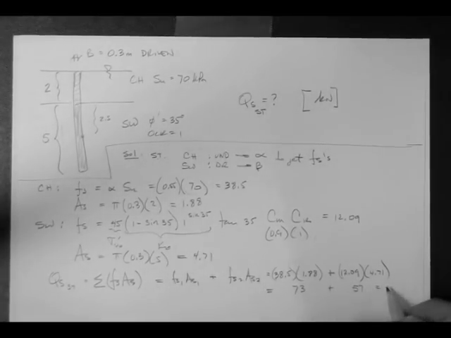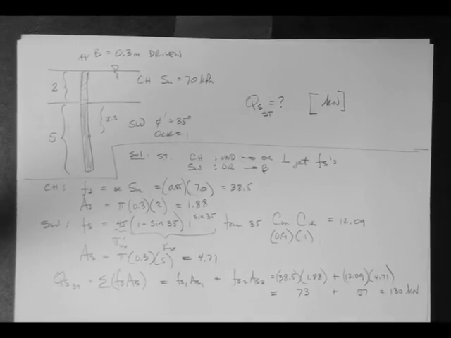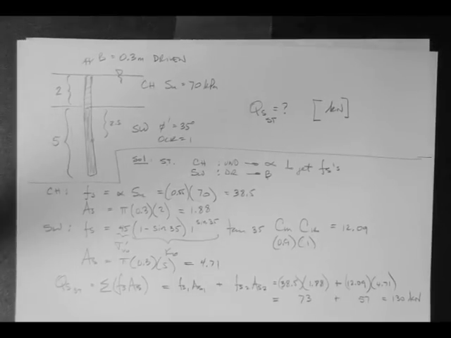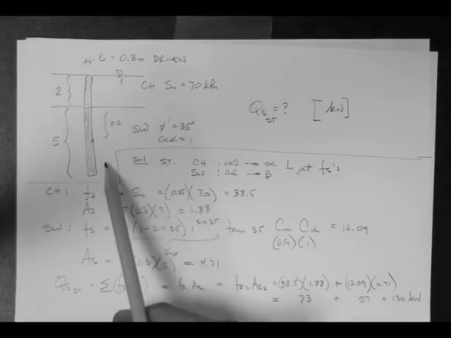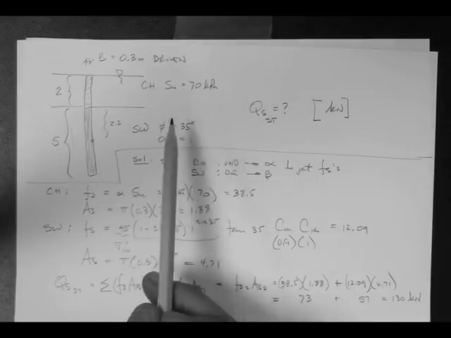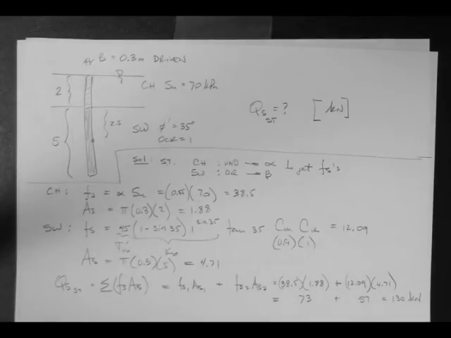So this is 130 kilonewton. That is the short-term capacity of this pile. Notice how we use the alpha method for the top layer and the beta method for the bottom layer, because in the short term, this layer is undrained and this one is drained. Cool.